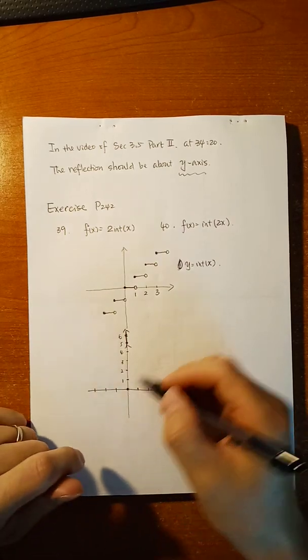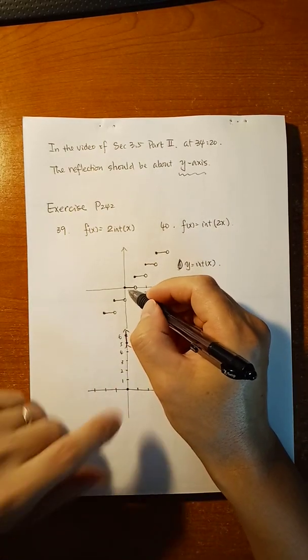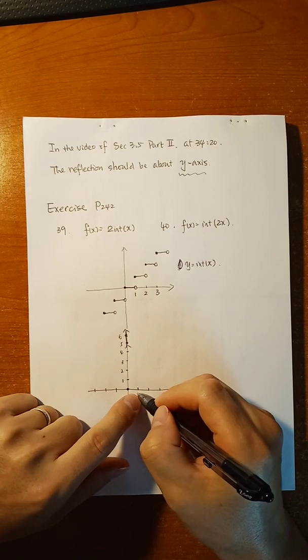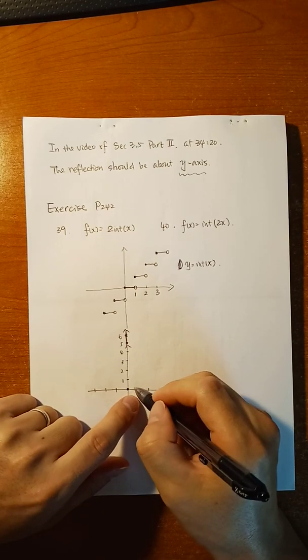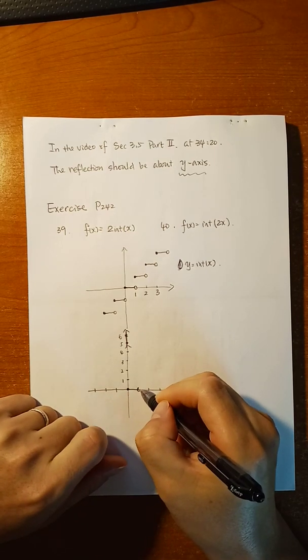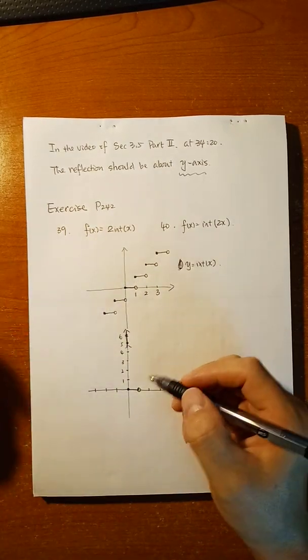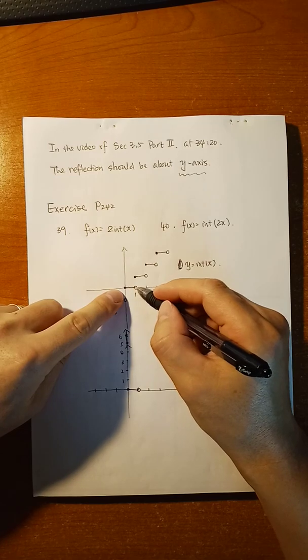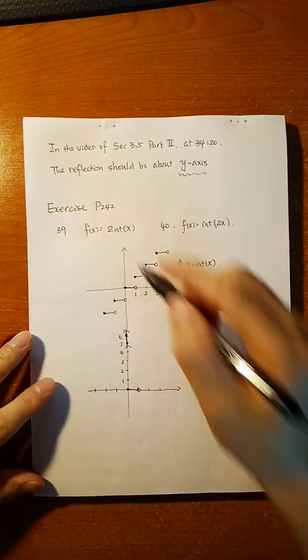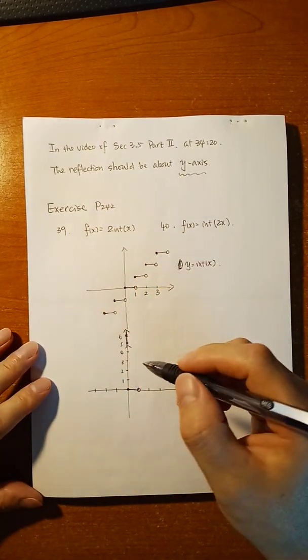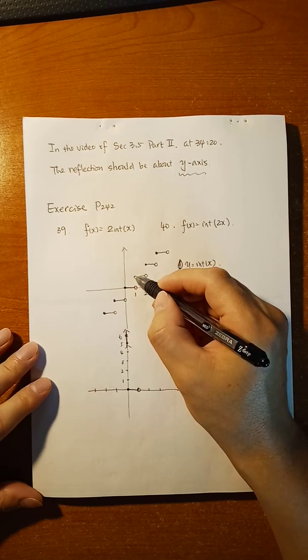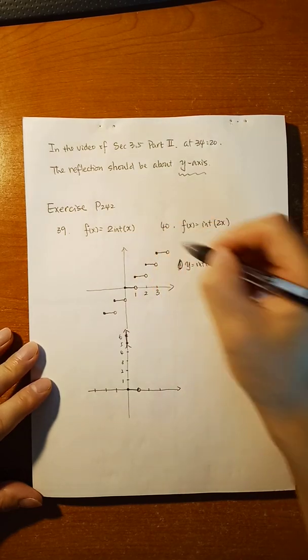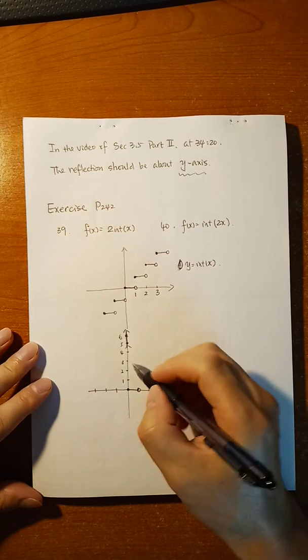When x is 0, when you have 1/2, it's still 0. When you have 8/9, it's still 0. So this part is not changed. Times 2 does not change 0, right? So for this term, if it's on the x-axis, the y value is 0, times 2 is still 0. The thing changes for 1. If you have x equal to 1, integer of 1 is 1, times 2, it becomes 2.